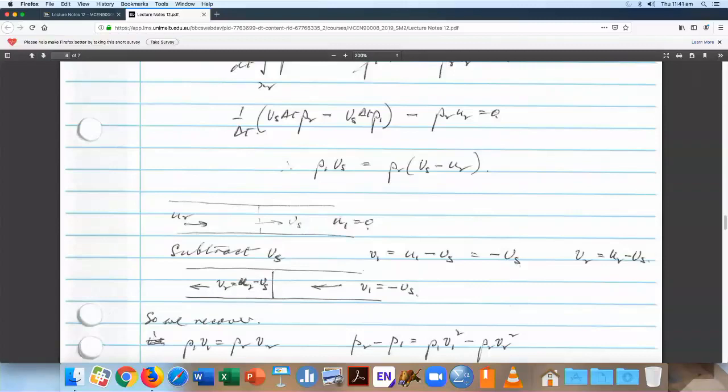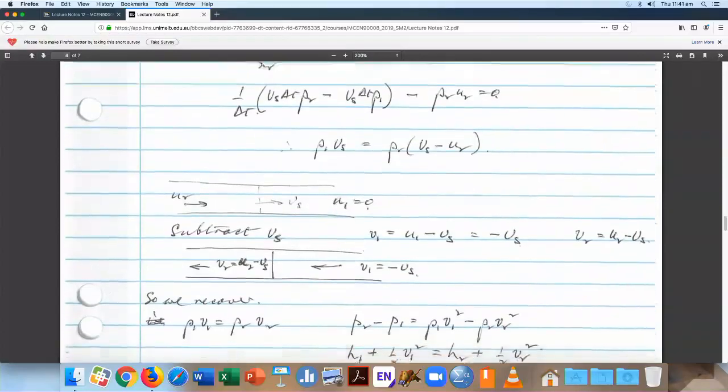You can see that V1 is minus US, and V2 is U2 minus US, and so this is the same thing as minus rho 1 V1 is equal to minus rho 2 V2, which is what we wrote down for our steady case.